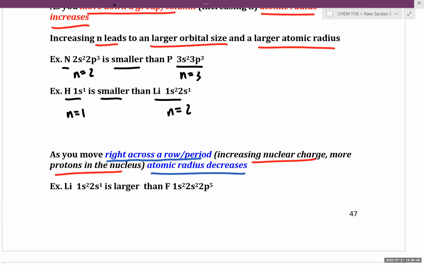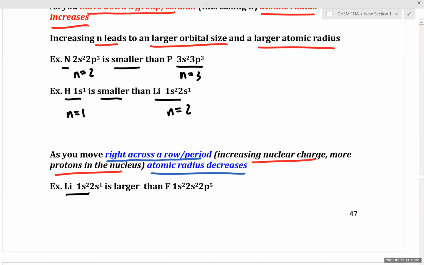This is why, for example, lithium, which has an atomic number of 3, which means it has 3 protons, is larger than fluorine, which has an atomic number of, let me look that up in the periodic table really quickly, 9, or 9 protons.